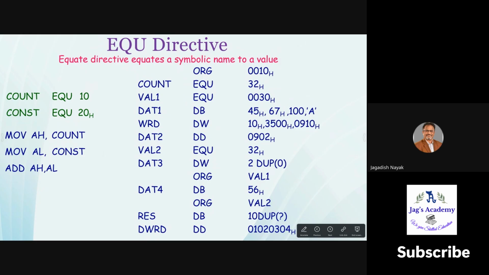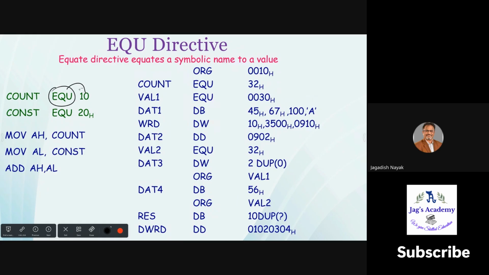It doesn't store anything in memory, right? So in 8086 assembly programming also, something declared with EQU is not stored in the memory.